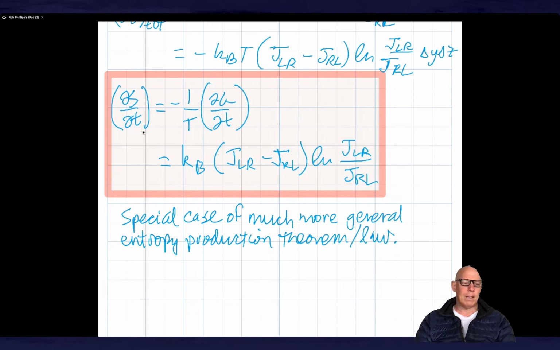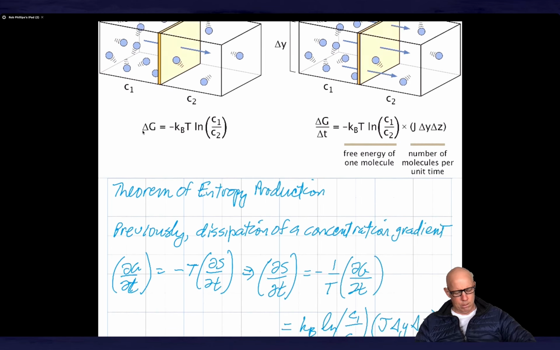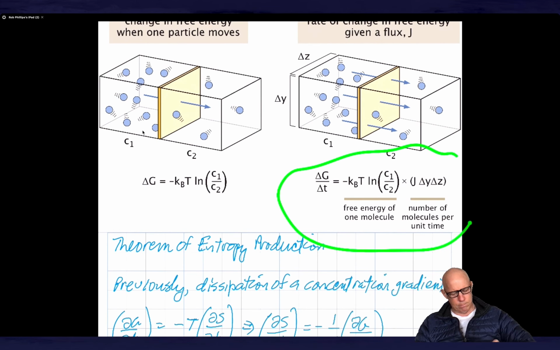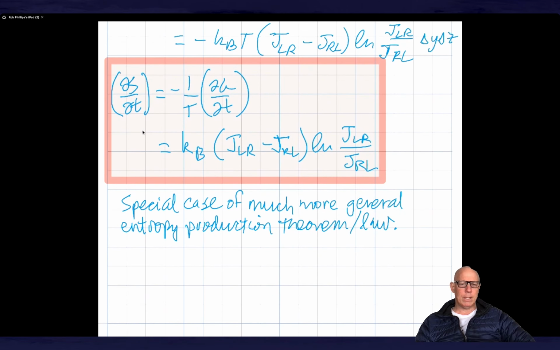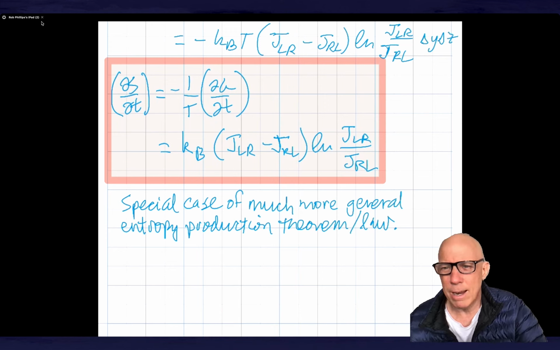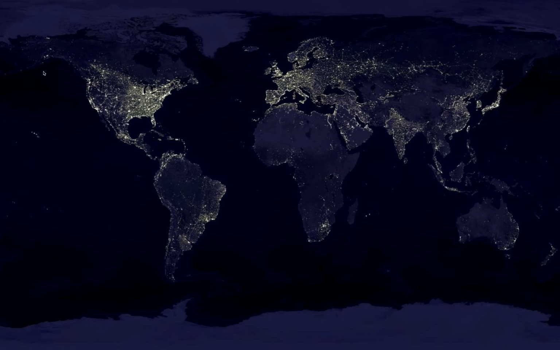I like being semantically precise, but I'm not on top of that. This is equivalent, by the way, to this thing that I wrote earlier. So basically what I've done is, in one particular case, I've shown you that the entropy production can be written as the difference in the fluxes of the two pieces making up the net, and then the log of the ratios of those fluxes. I will be using this for a variety of other things in order to assess this whole matter of defiance.